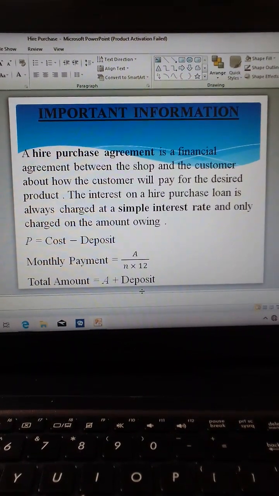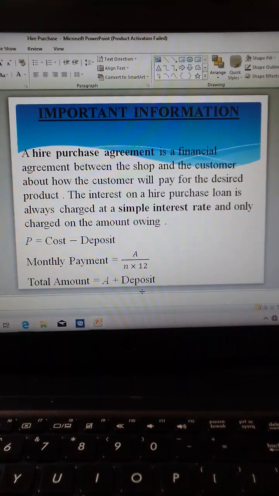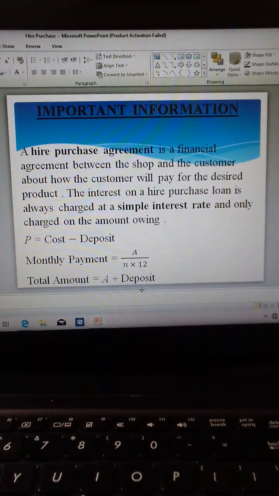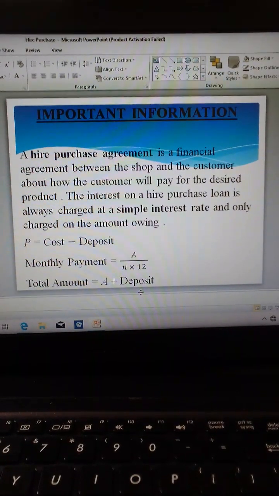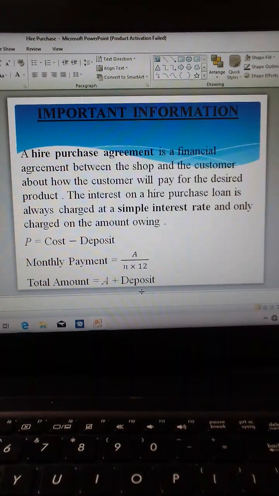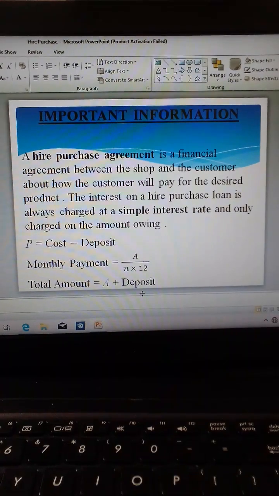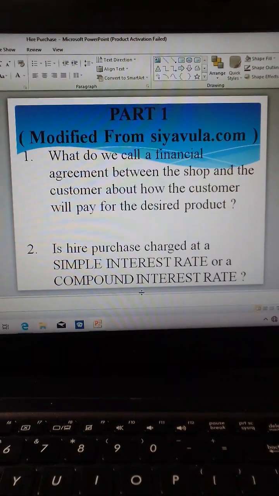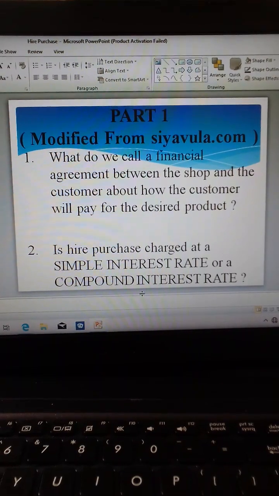But if you are given that it's maybe over a period of 5 years, it's going to be 5 times 12 in the denominator. Now the total amount that you will pay when you enter a hire purchase agreement is the accumulated amount plus the deposit. Please take that down. I modified it from seavola.com.